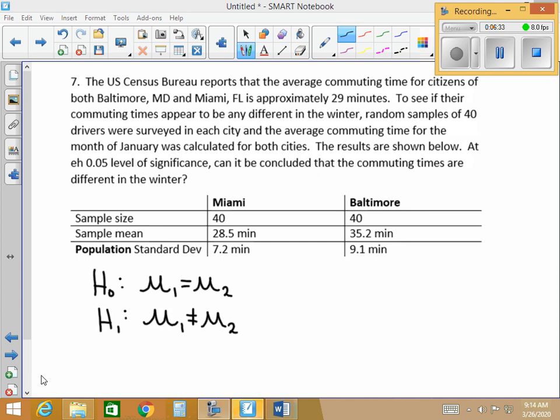Also, notice that I put in bold in both problems that this says population standard deviation. That's how I know I'm using z-scores here, and not the student's t-distribution, which we'll do in one of the next videos.